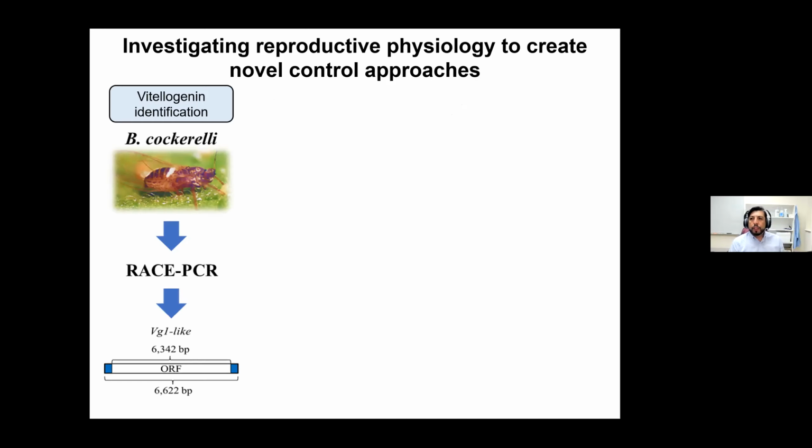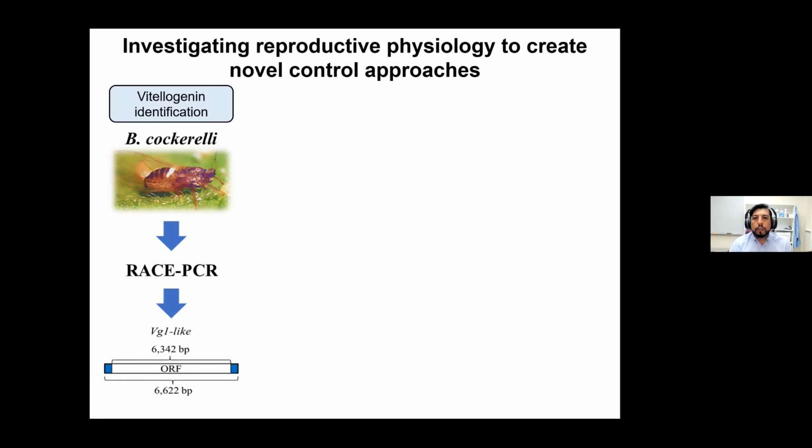The first thing I did was take females of Bactericera cockerelli, extract the RNA, and do RACE PCR. I amplified a DNA amplicon of 6.6 kb and cloned the whole gene into a vector, a plasmid, sorry, a pGEM-T.